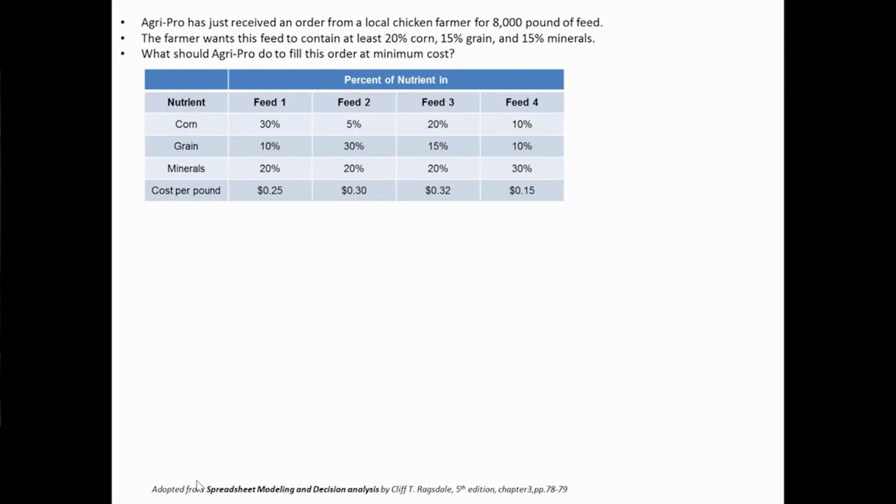So I summarized the key information here. An order of 8,000 pounds, these are the requirements, and these are the given information.